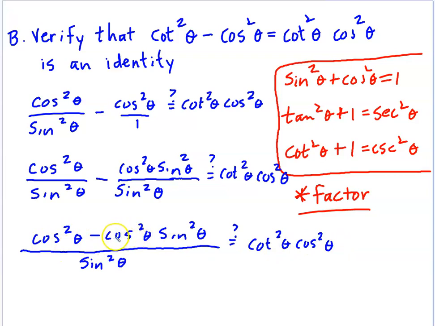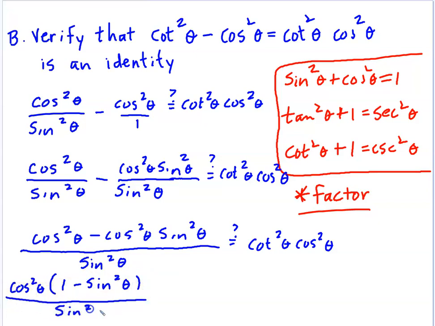Okay, so we can simplify by factoring out the GCF of cosine squared theta. So if I factor out cosine squared theta from this, I get 1 minus sine squared theta over sine squared theta.